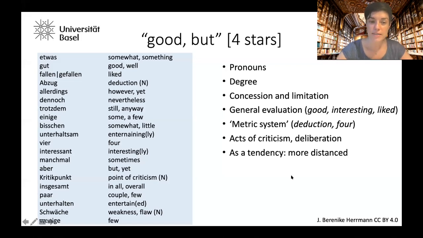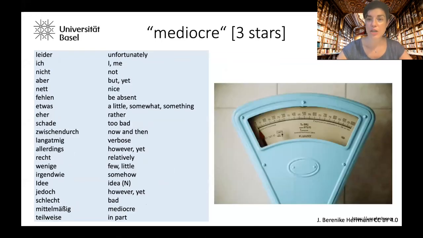What we look at here, for example, also point of criticism, weakness: the words seem to point to acts of criticism and deliberation. As a tendency, people at 4 stars are more distanced, are critical, are not enthusiastic; it's all about however and so on, and degree. Then 3 stars seems to be all about mediocrity.